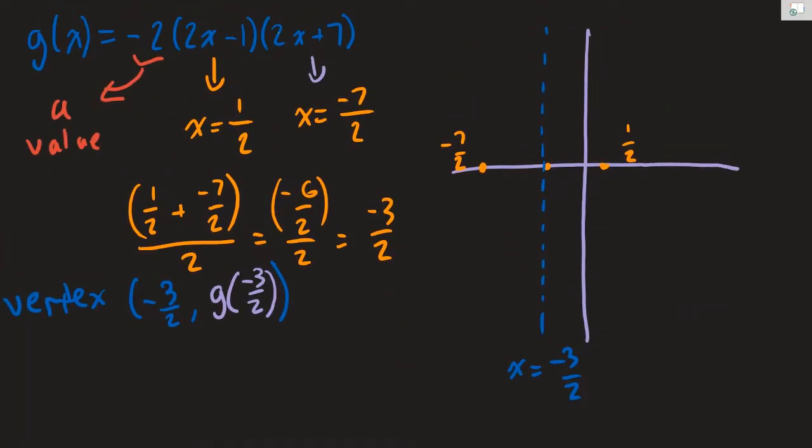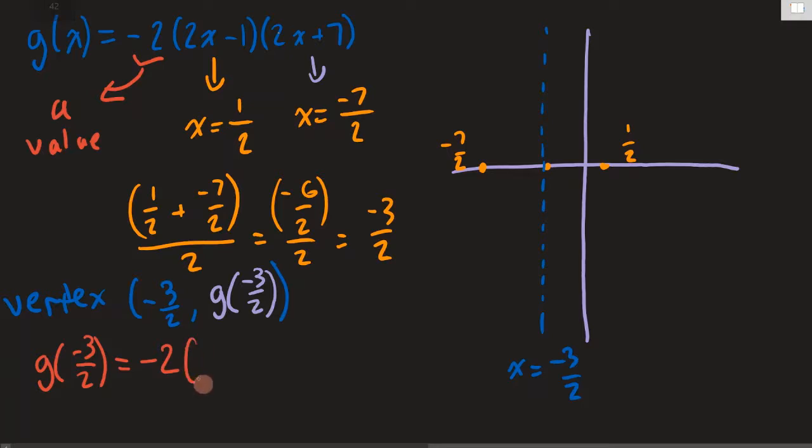So we're going to have to do a little bit of algebra here. So g of -3/2 equals -2 times (2 times -3/2 minus 1) times (2 times -3/2 plus 7).